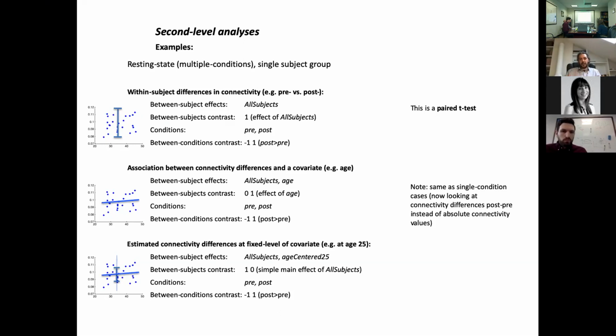That would be an interaction. And one way of thinking of that would be a two-way ANOVA analysis. Well, it's not quite ANOVA because age is a continuous variable, but in a way, it's like you have two factors.